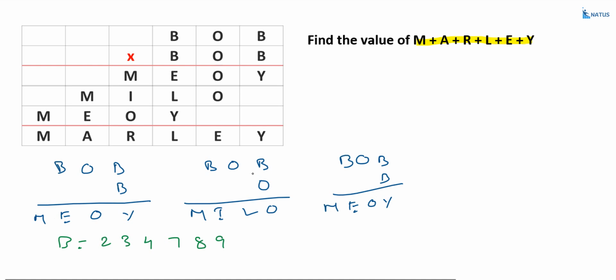Now come to this part. O into B is equal to O. When is it possible? If O is equal to 0, 0 into something is equal to 0. Suppose 0 into B, that is equal to 0. That is one way. And what is the other way? Suppose O is equal to 5.